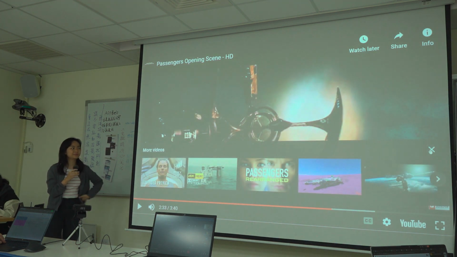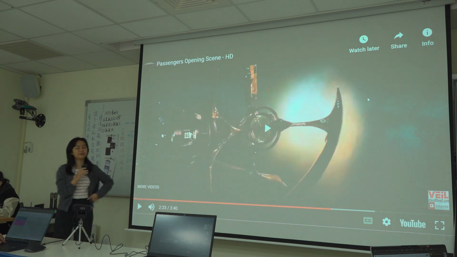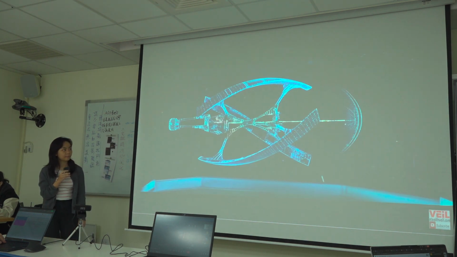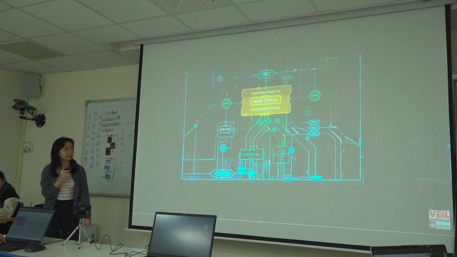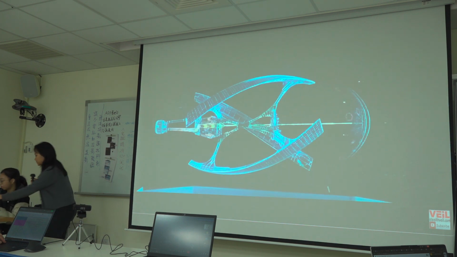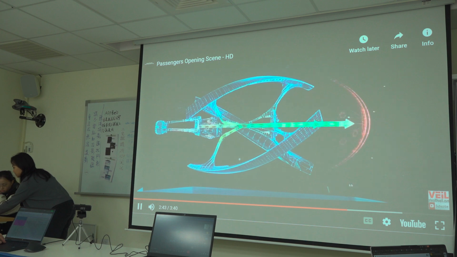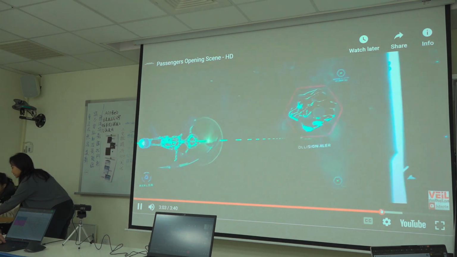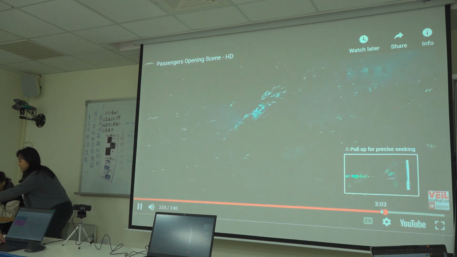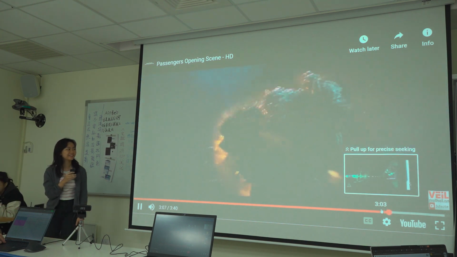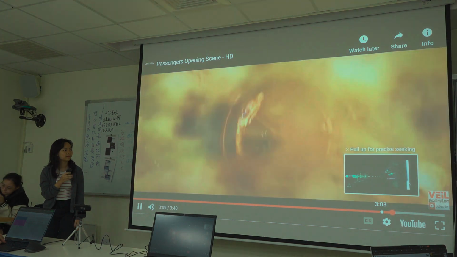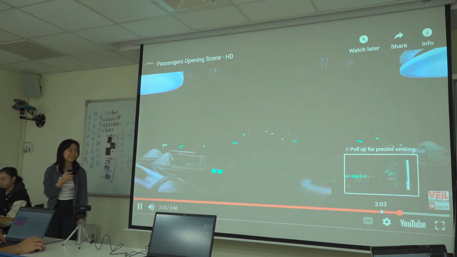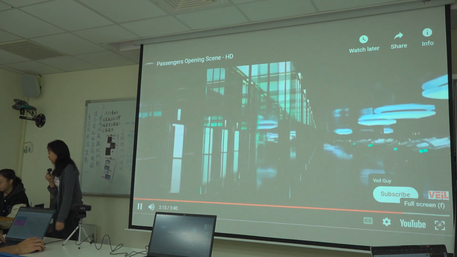Yes, it can be smaller, but still leave that big of an impact. Is there a scene where the asteroid hits the spaceship? Oh, yes. These are the smaller ones. Yeah, so collision alert. Oh, so you think it's as big as the spaceship? Okay. Good observation.